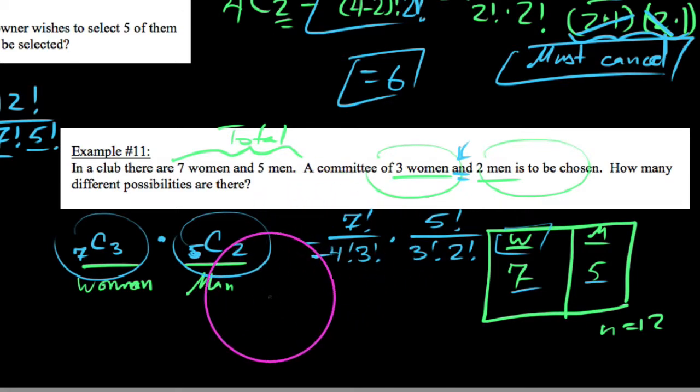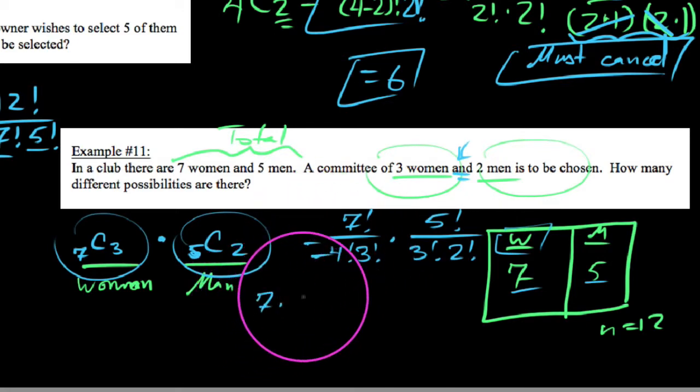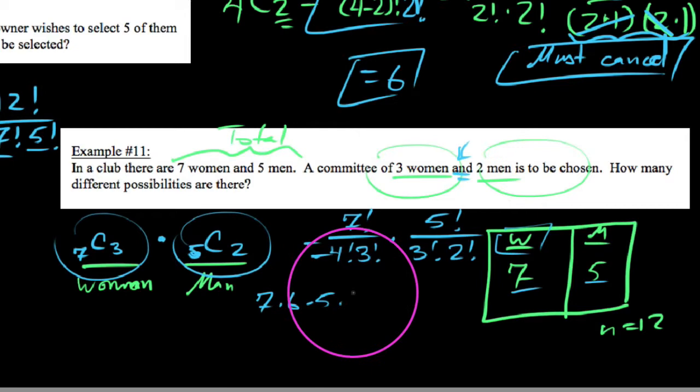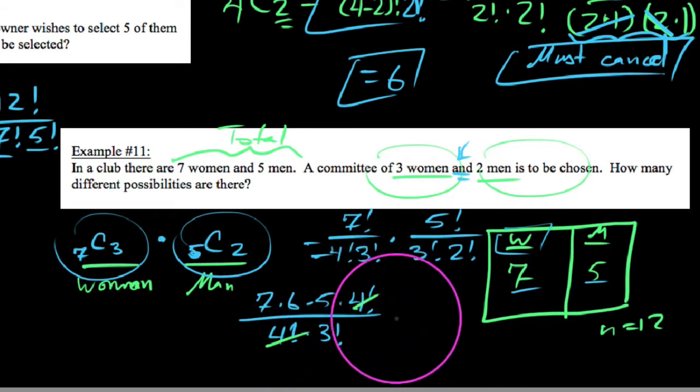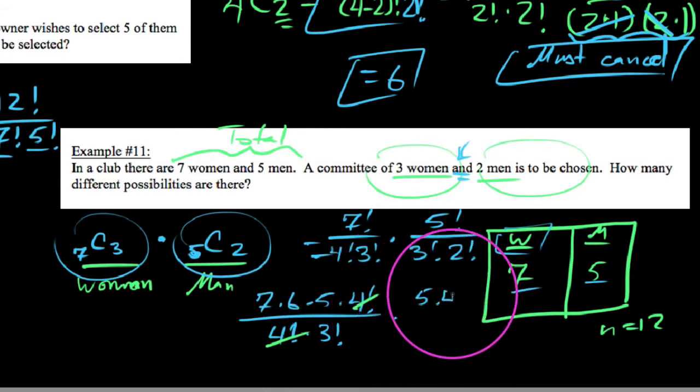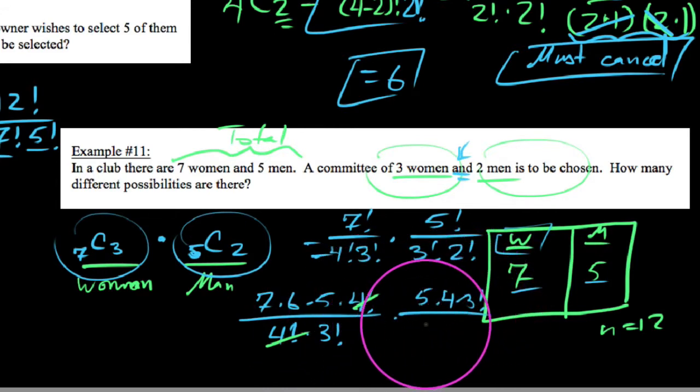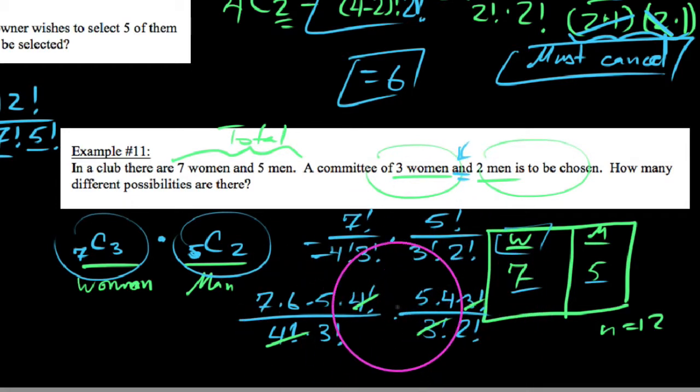So now writing these things out, we say, okay, well, we've got a 7 times a 6 times a 5 times a 4 factorial over 4 factorial times a 3 factorial, where the 4's wipe each other out. And then over in this expression, we have a 5 times a 4 times a 3 factorial over 3 factorial times 2 factorial, where the 3's wipe each other out. So going a step further, I'm going to bring it over here and then we'll be done with this.